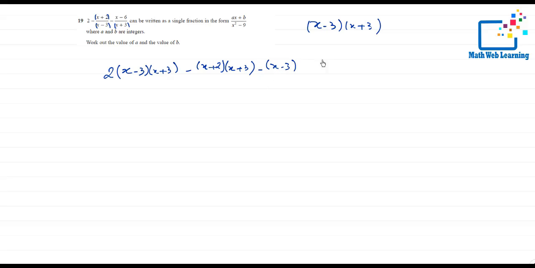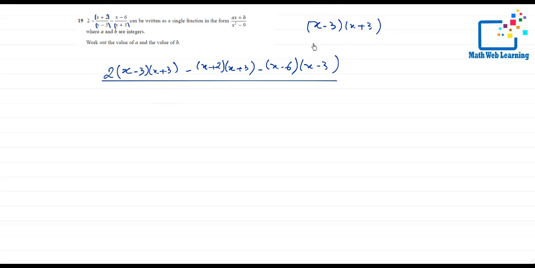Sorry, let me start this off. It's x minus 6, and we need to multiply it by x minus 3. And the one fraction is going to be this, x minus 3 bracket x plus 3 close bracket.